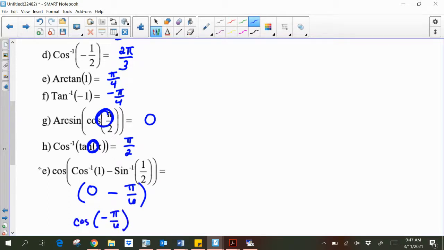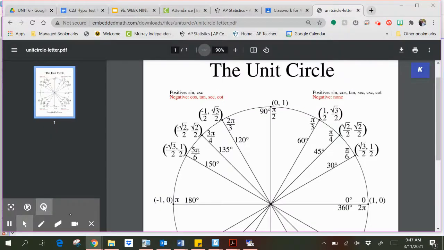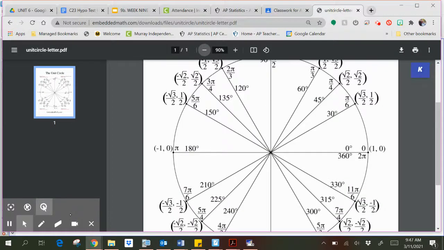And so then lowercase cosine, just what's the cosine of negative pi over 6? Radical 3 over 2. Because negative pi over 6 would be starting at 0 going the opposite direction.